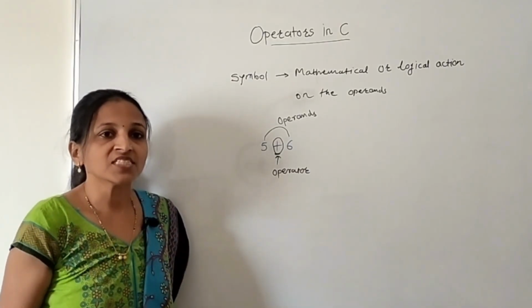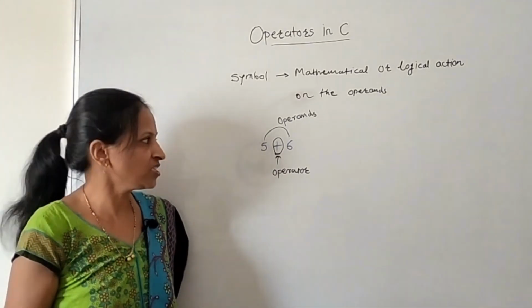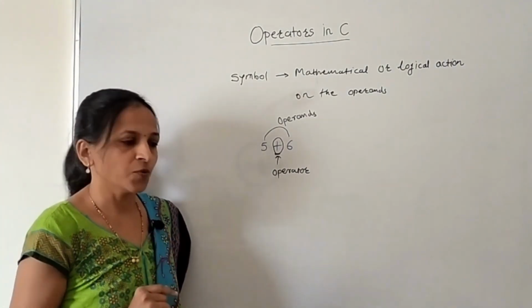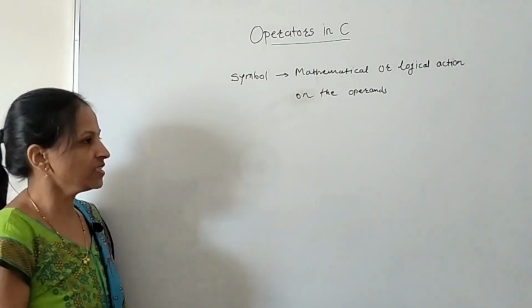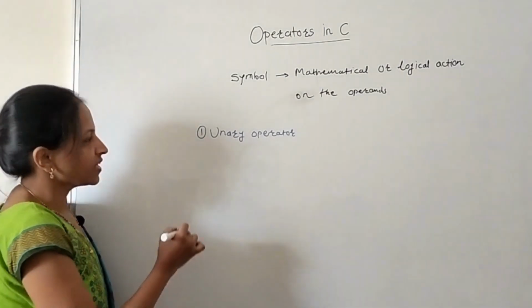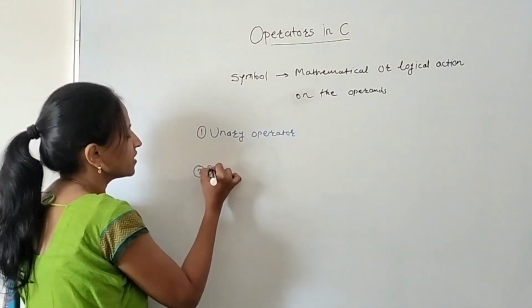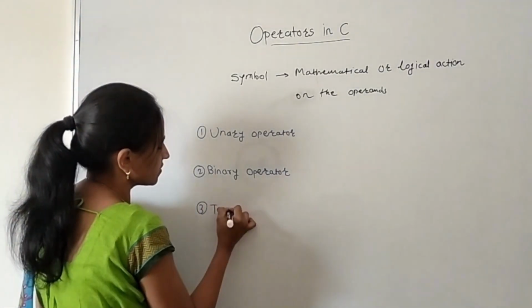Now there are basically three categories of operators in C language that we have to see now. The first category of operator is unary operator. Then the next one is binary operator and the third one is ternary operator.